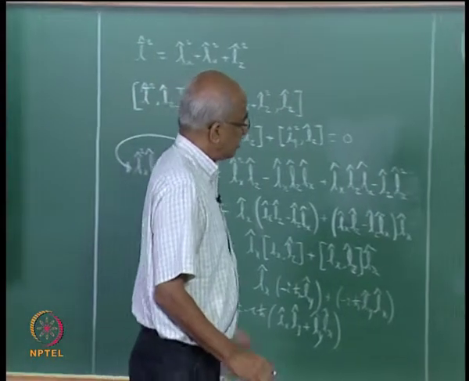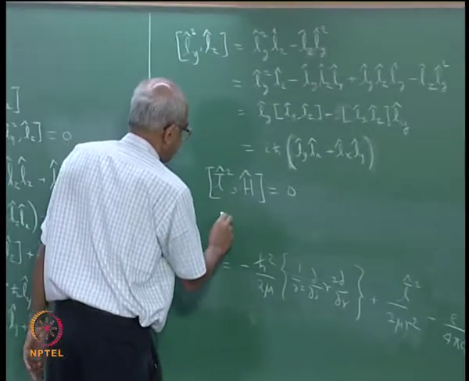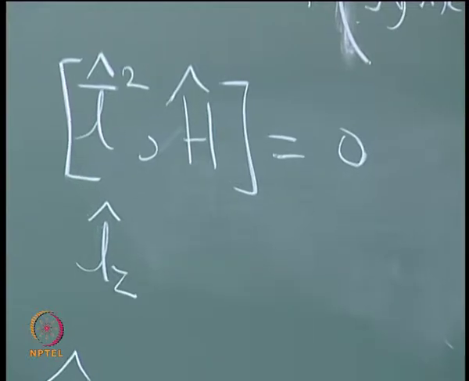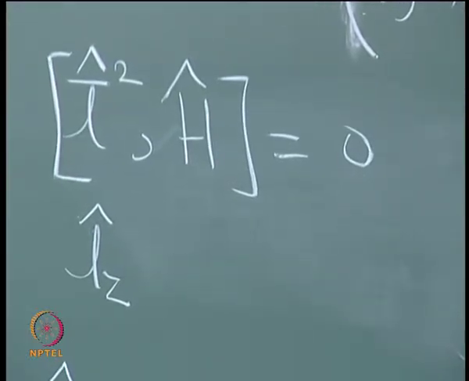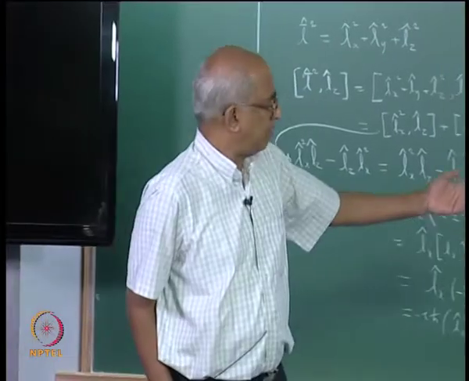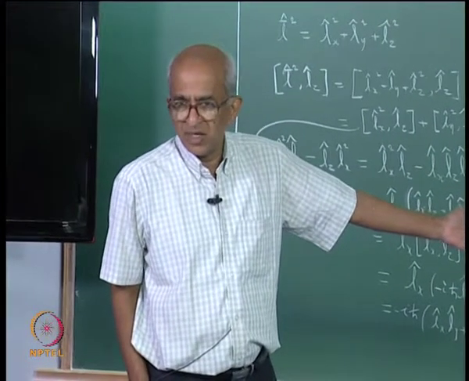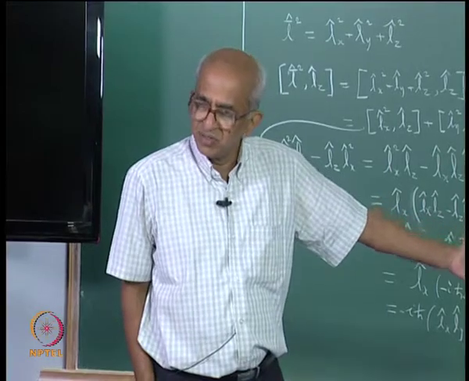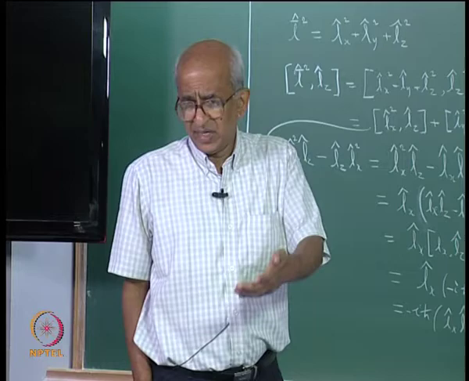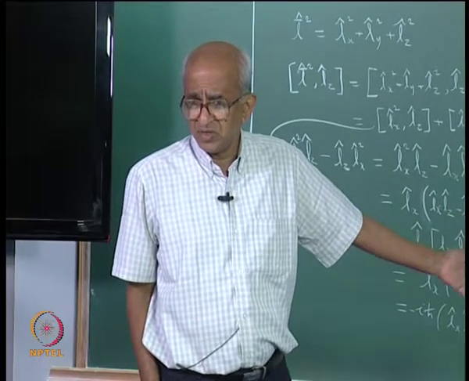And then when you think of Lz, the question is, would it commute with the Hamiltonian? Well, the Hamiltonian contains L square, that is the only angle dependent term, and we know that Lz, this is something that I have mentioned earlier, will definitely commute with L square.